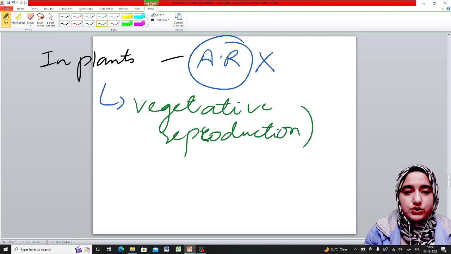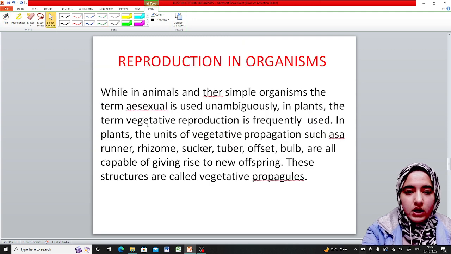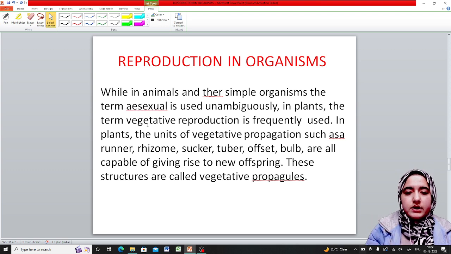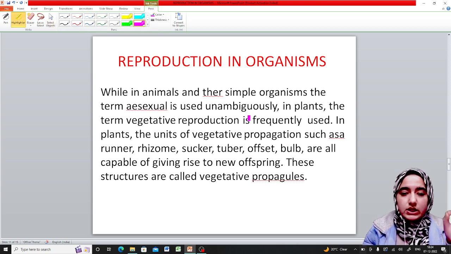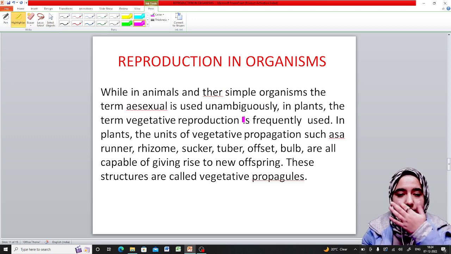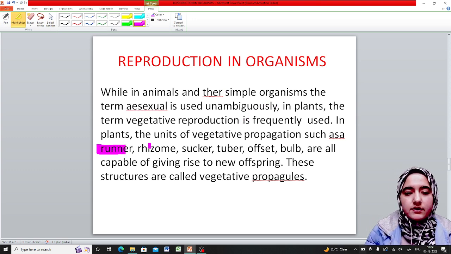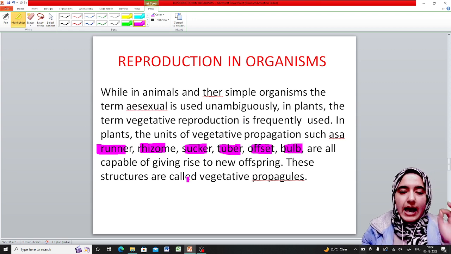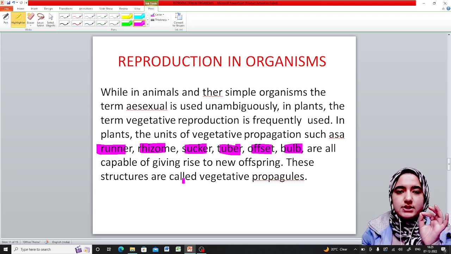Please remember that in plants we have units of vegetative propagation such as runner, rhizome, sucker, tuber, offset, and bulb. Each of these structures has the capability to give rise to a new offspring, a new organism.